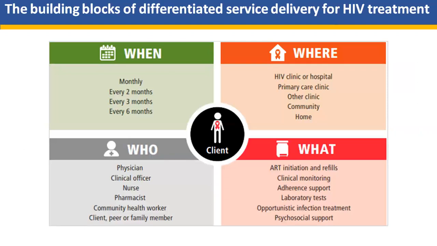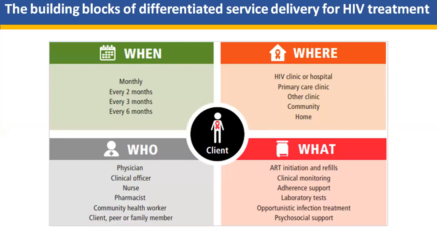There are 4 main building blocks surrounding a client, and they are based on 4 basic questions: when to deliver, where to deliver, who will deliver, and what is to be delivered. We have to answer these 4 questions before assessing differentiated care.